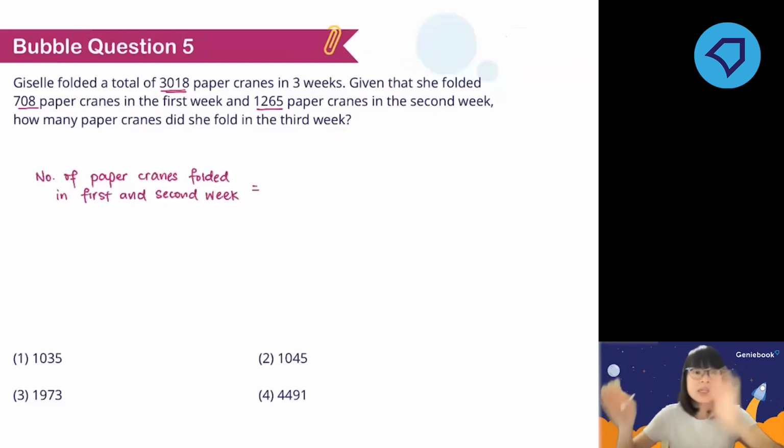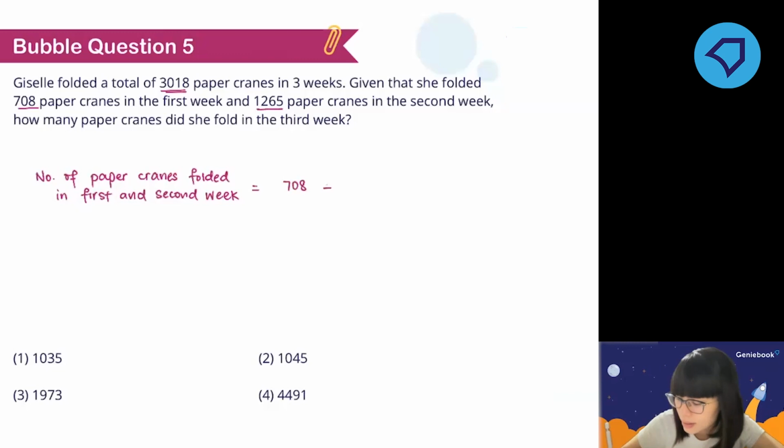We need to add the first week and the second week together first. First week is 708, second week is 1,265. When we add that, some of you already gave me the answer. Can anybody please type in the answer for me? What is 708 plus 1,265?